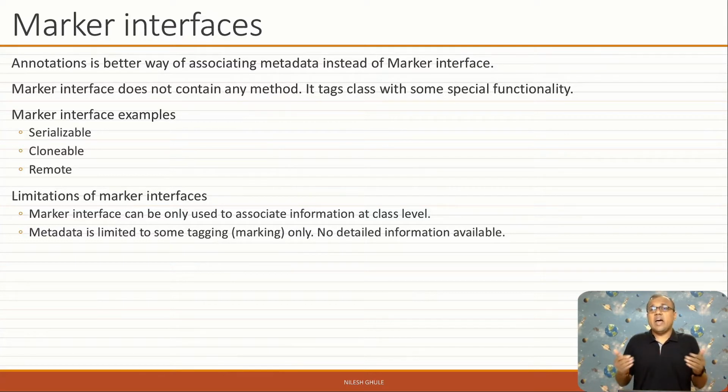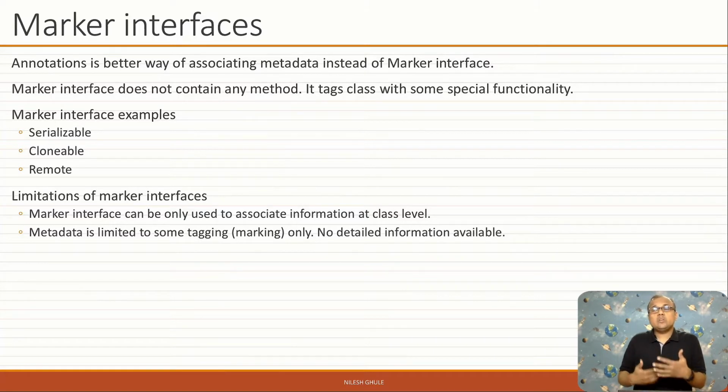That's it. And we cannot get more details or more information about the same. Also, being an interface, it can only be used at the class level only. We cannot use the marker interface concept at the field level, at the constructor level, or at the method level.